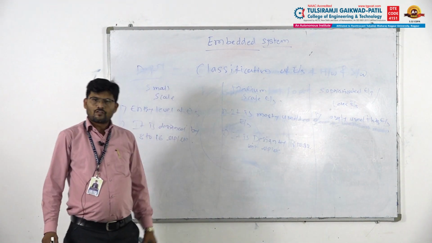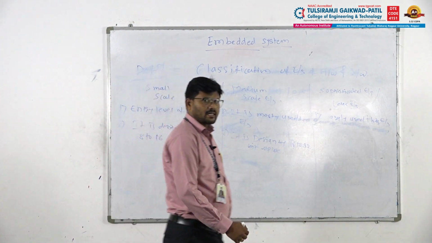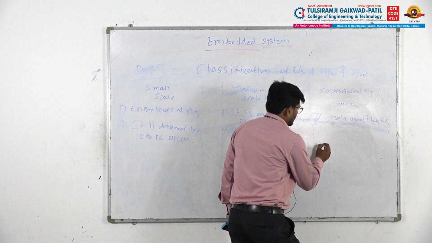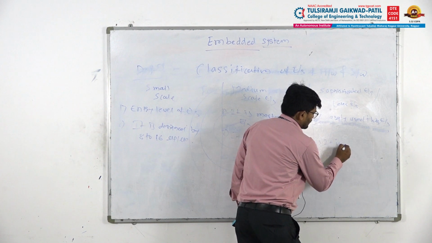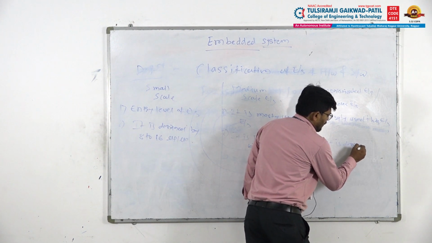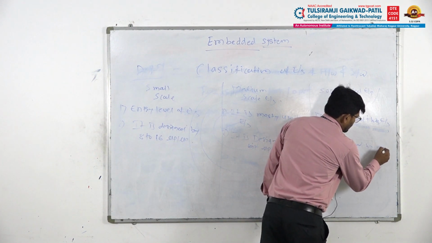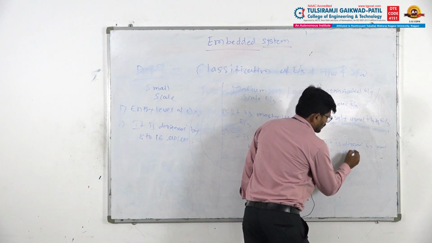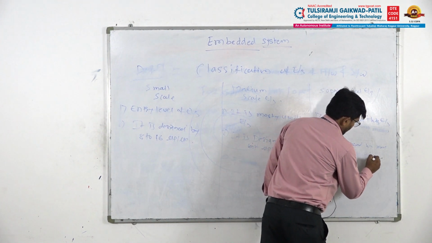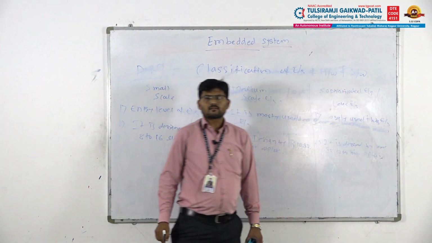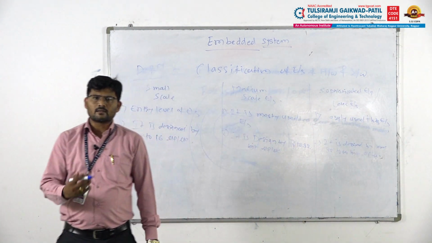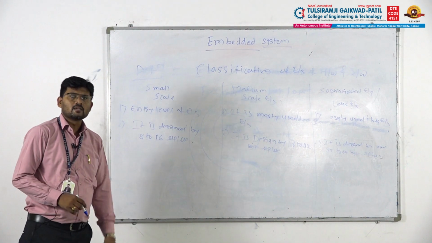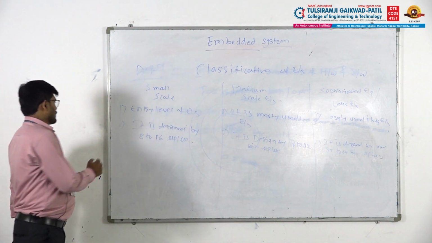And the sophisticated or large scale embedded system is designed by 32 to 64 bits microprocessor or microcontroller. This is the second difference between small scale, medium scale and sophisticated embedded system.